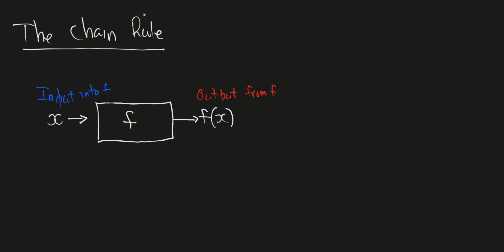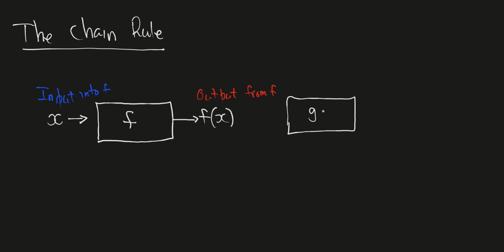Well, what do we mean by a composite? Well, suppose you have more than one function. Suppose the output that you get from f, you decide to plug it into another function. Suppose there's another magical box, right? And it does something different from f, so let's give it a different name to represent the different thing that it does.